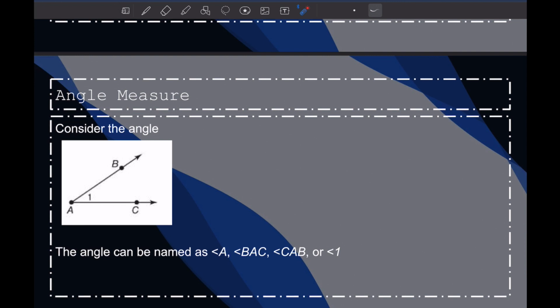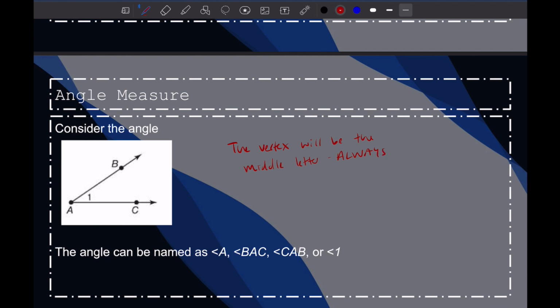So how do we really name this? This is how we're going to do it. The vertex will be the middle letter, and that is always, always, always.